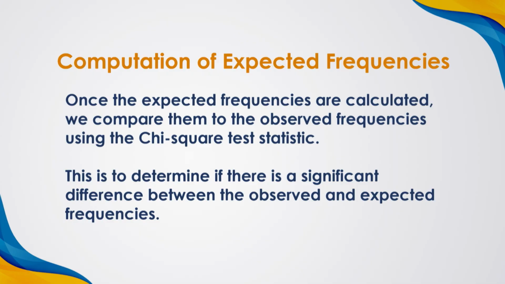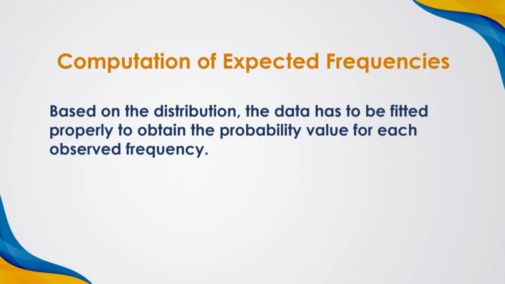Once the expected frequencies are calculated, we can compare them with our observed frequencies by using the chi-square test statistic. To determine the significant difference between them, you use this chi-square test statistic, with your Oi and Ei, that is your observed frequency and expected frequency. Based on the distribution, the data has to be fitted properly to obtain the probability value for each observed frequency.